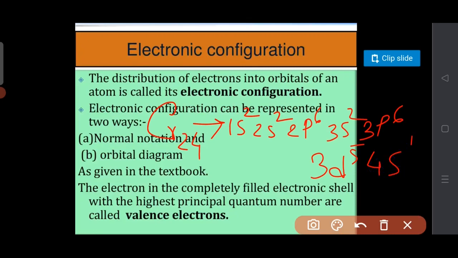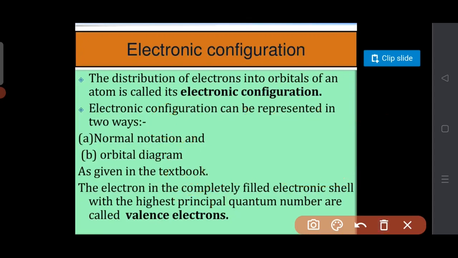4s1. A configuration like 3d4 4s2 is not possible because d5 is half-filled and has a stable configuration. So extra stability is gained by the d5 configuration. In this way we have to write the electronic configuration.